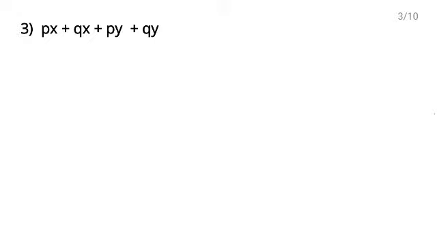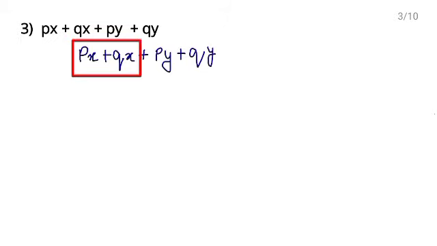Next, question number 3, we have px plus qx plus py plus qy. Now the first two terms have x common and the last two terms have y common. So similarly we will take x as well as y common. From the first two terms take x common. It will become p plus q.